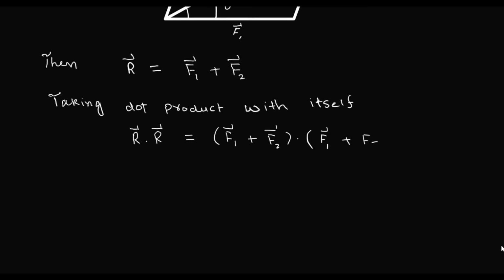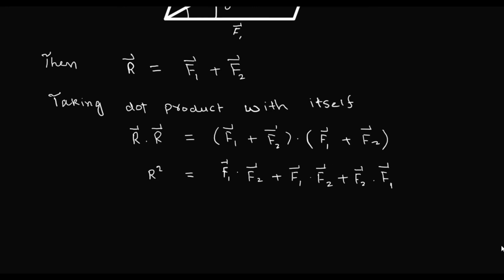When we take the dot product of a vector with itself, it converts into a square. So R square is equal to F1 dot F1 plus F1 dot F2 plus F2 dot F1 plus F2 dot F2.